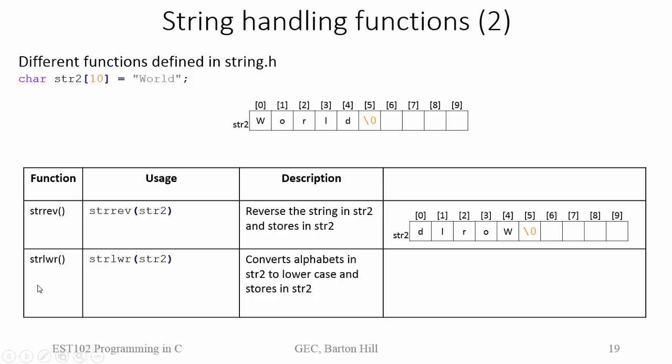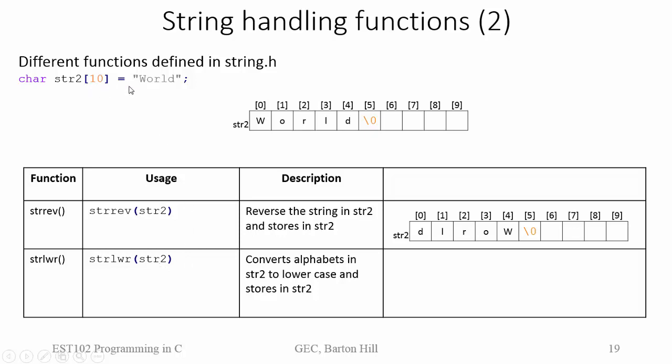Okay, now the next function is strlwr. The usage goes like this: strlwr of, we will be giving the name of the character array, that is str2. Okay, so it converts alphabets in str2 to lowercase and stores the result in str2.